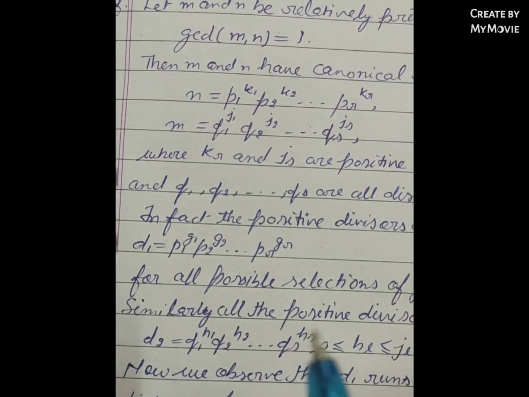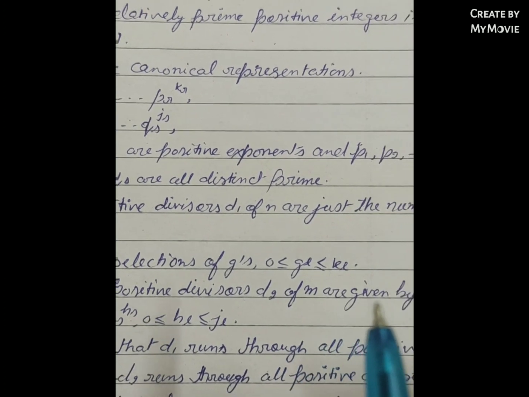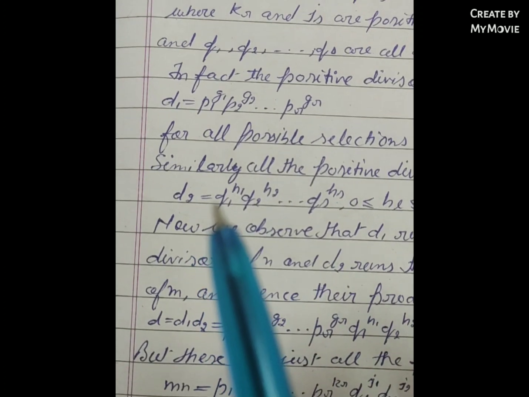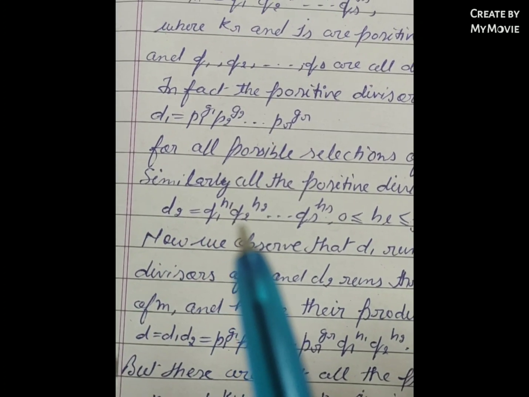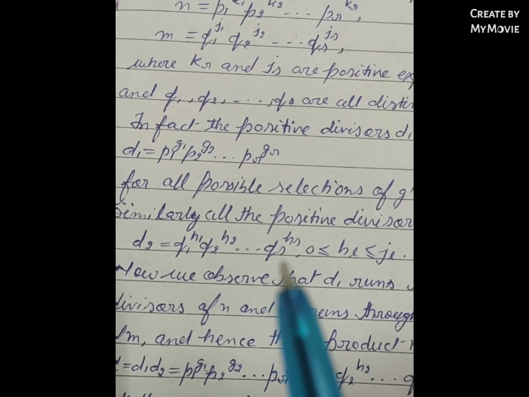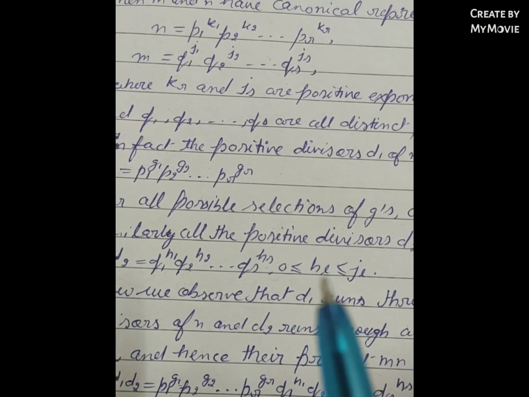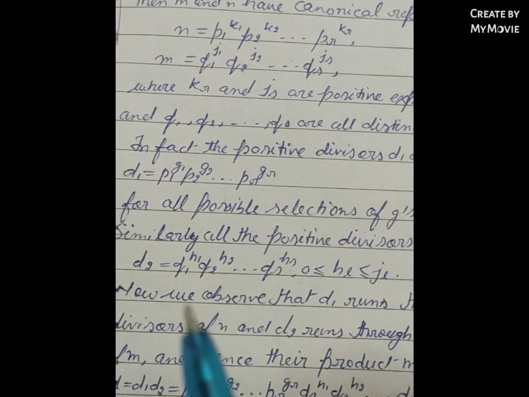Similarly, all the positive divisors d2 of m are given by d2 is equal to q1 raised to power h1 into q2 raised to power h2, and so on, qs raised to power hs, 0 is less than or equal to hl is less than or equal to jl.